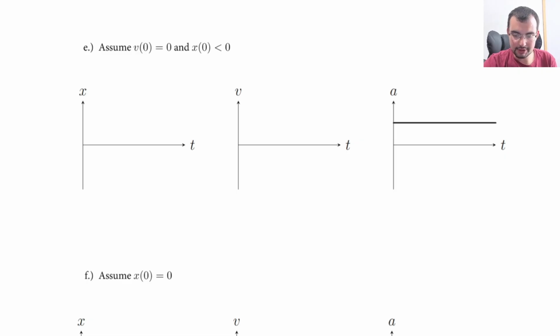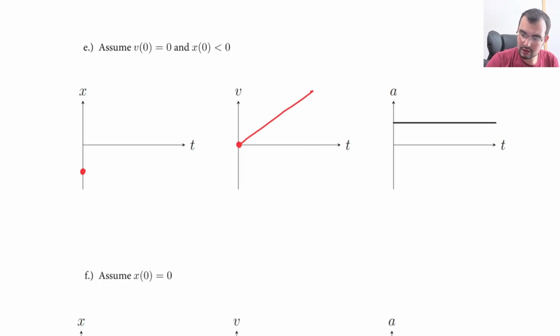All right, now we got to do a double where we have to work backwards twice. So it says assume v0 is 0 and x0 is less than 0. So we're given our starting points. So here we have a constant positive slope. So the tangent line should be the same everywhere. It should be the same steepness everywhere. Well, that's just a straight line. So the velocity function is a straight line with positive slope.